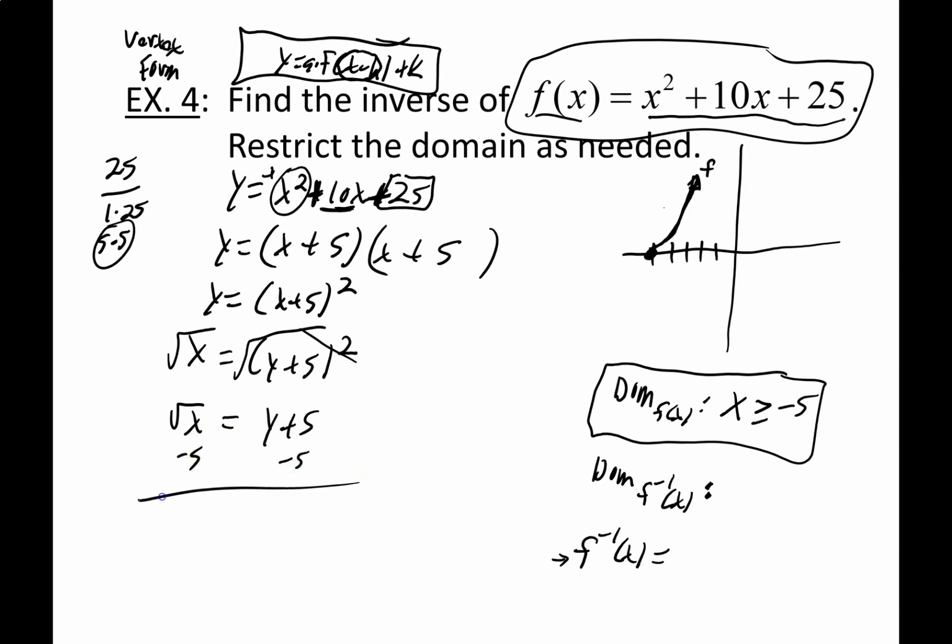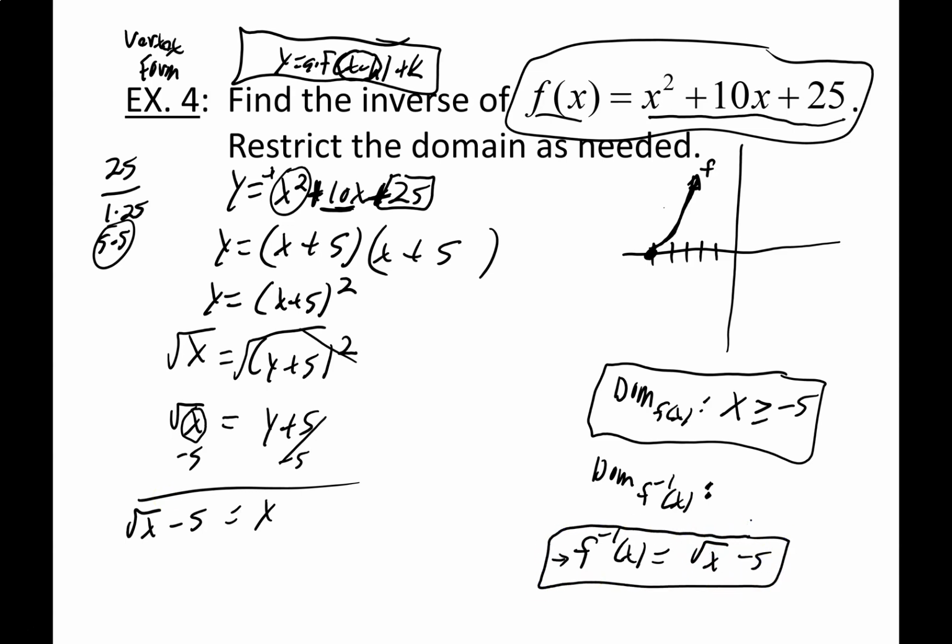I subtract the 5. Now here's the thing. The 5 is not inside of the square root. The x is. So I'm going to write it as root x, minus 5. So I'm going to rewrite that then as f inverse equals root x minus 5, which is going to look something like this.